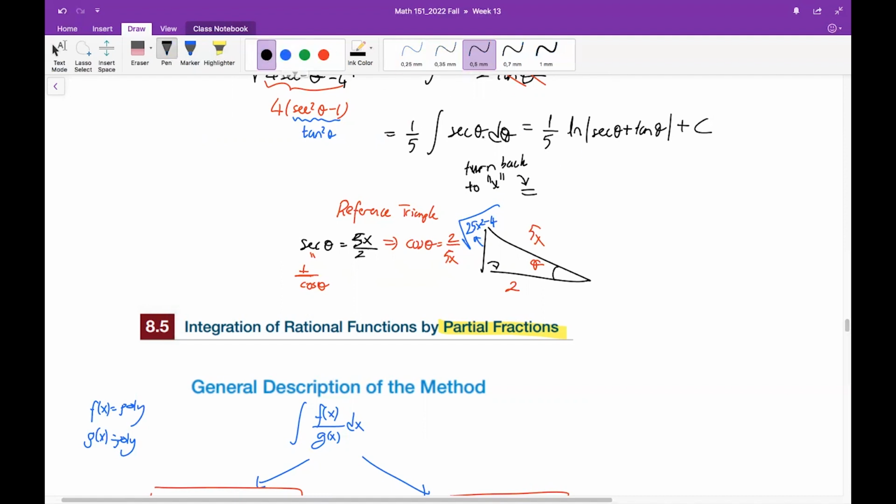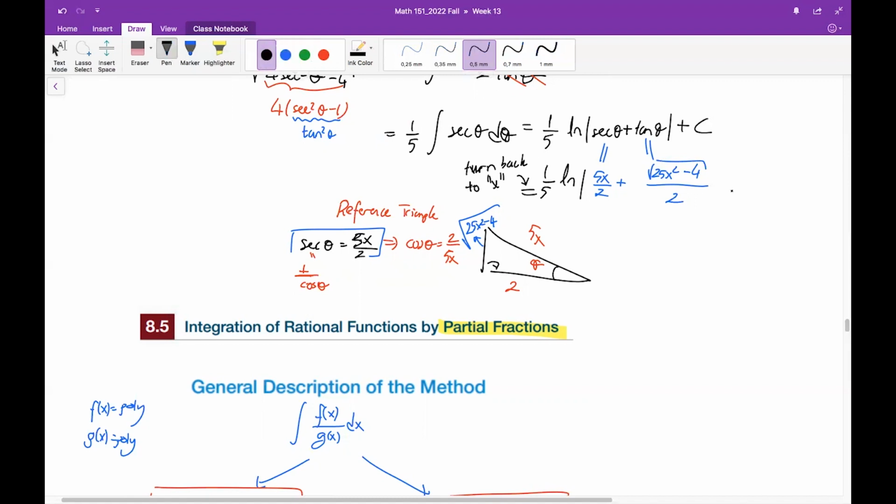So look at your result. 1 over 5 ln, what is secant theta? You see already secant theta is 5x over 2. And you can easily read tangent theta from this reference triangle. What is it? Opposite edge should be divided by adjacent edge. So it is the square root of 25x squared minus 4 divided by 2.